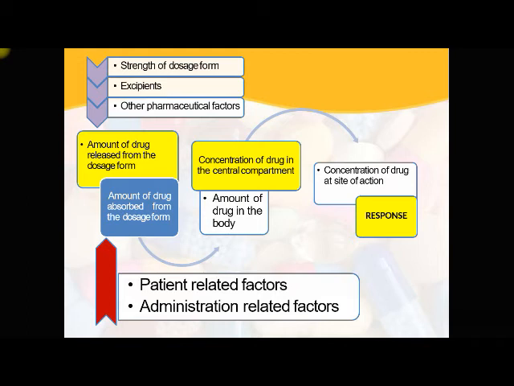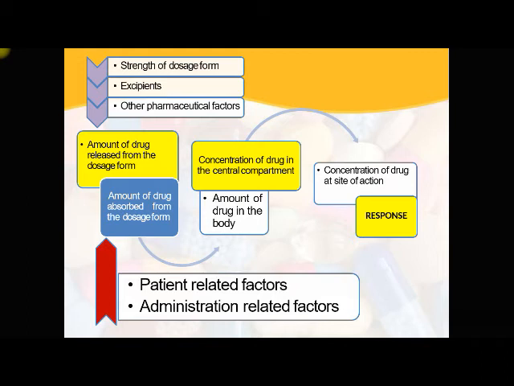The concentration of drug in the central compartment relates to the concentration of drug at the site of action. So it is like a distribution of the drug from the central compartment to the site of its action, and once a sufficient concentration of drug is present at the site of action, we get a response.